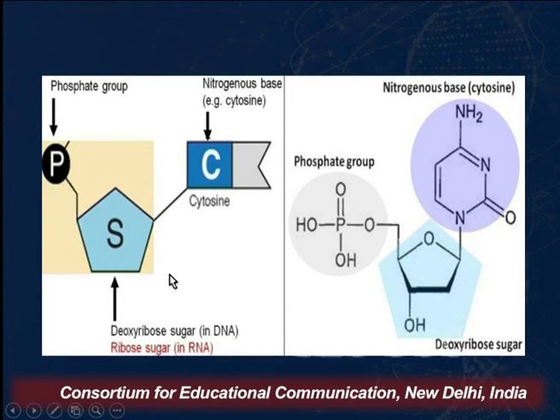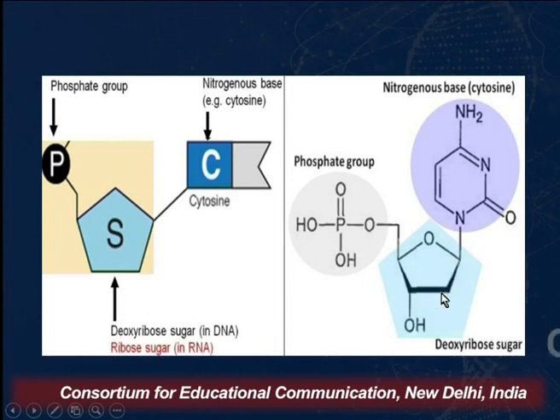Now this sugar can be a deoxyribose sugar as in the case of DNA, or a ribose sugar in the case of RNA. Here I have clarified this further. We have a base, and the sugar here is deoxyribose sugar.